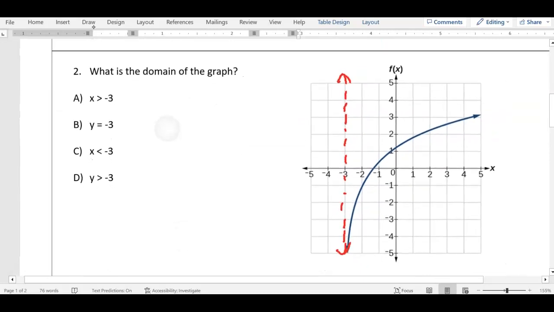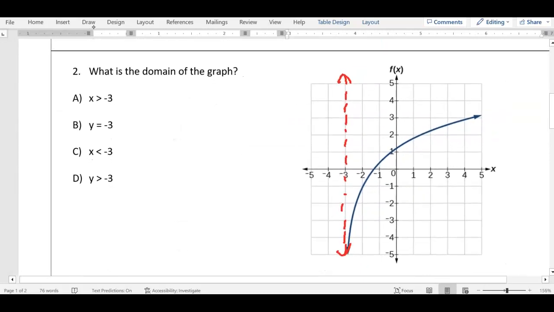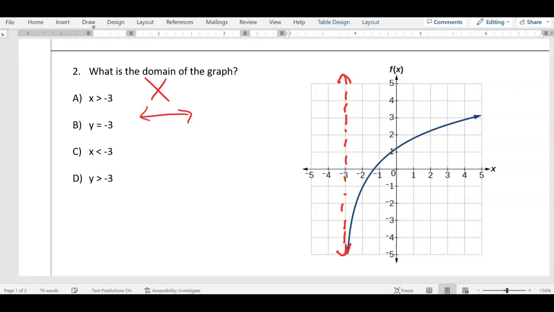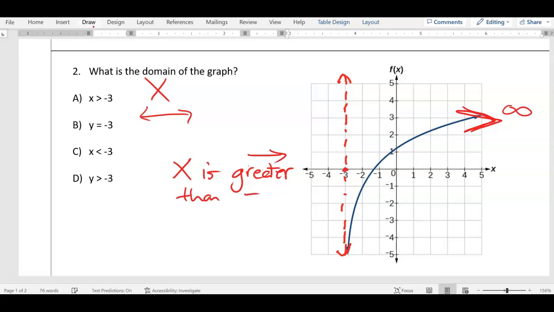Next one, what's the domain of this graph? So remember, domain is x from left to right. Now I can see this is going right forever, but it does not go past, and it's getting closer and closer to -3. So the x is greater, which is to the right, than -3.